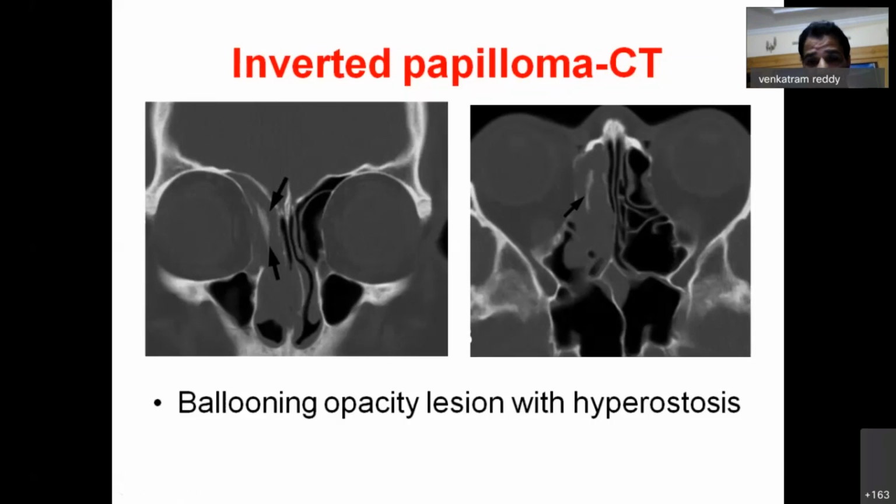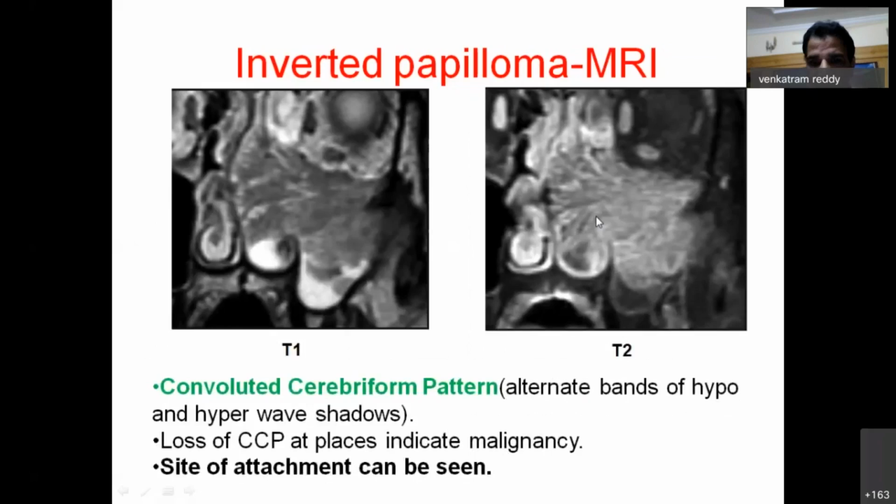If you are in a diagnostic dilemma, where there are no hyperostotic areas and no clear-cut ballooning opacities, then you can go for the contrast MRI. These are the contrast MRI pictures from the maxillary sinus, where you can see the T1 weighted image and T2 weighted image, which show a very characteristic convoluted cribriform pattern.